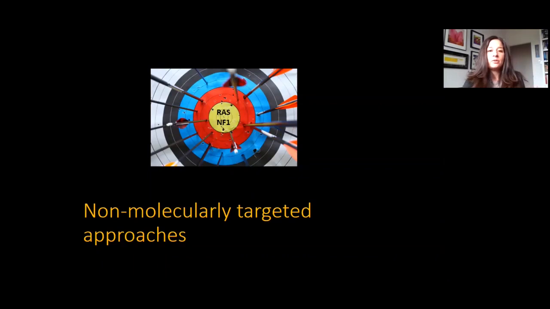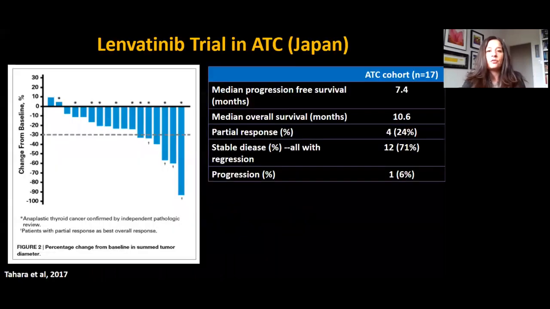Okay, what if you don't have a BRAF mutation? You don't have a fusion. The more common mutations that we see in those patients is RAS and NF1. So then we look at, can we give a patient a drug that doesn't necessarily target a mutation, but targets kind of what the tumor needs to survive, which in this case with lenvatinib, it's a blood supply.